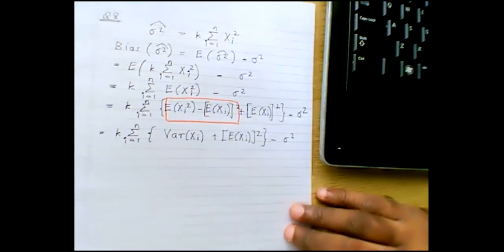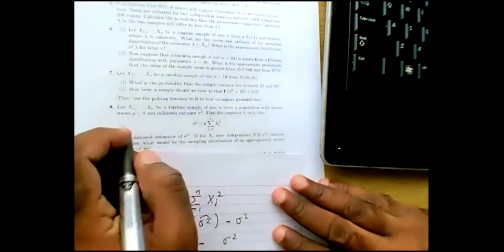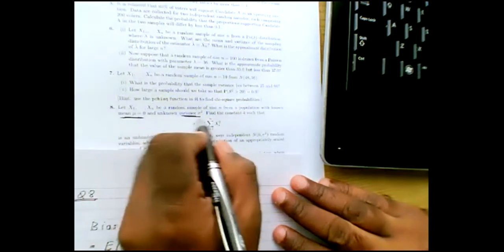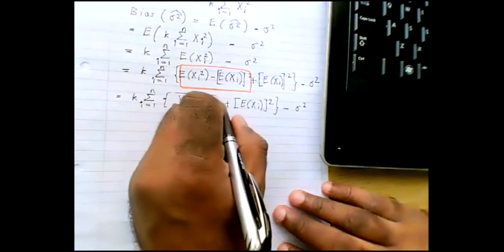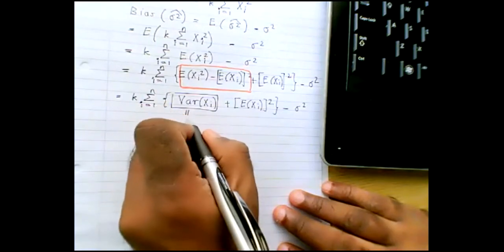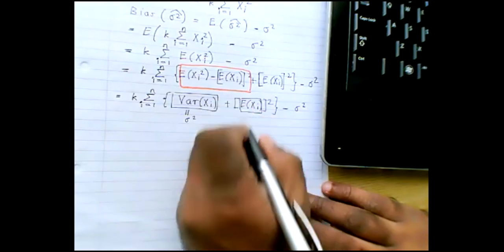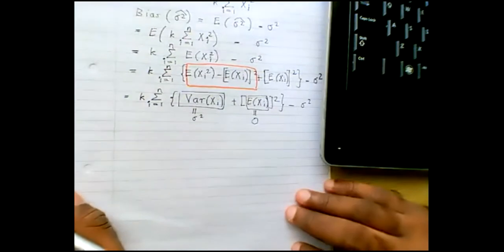Right, now you should go back to the question. Let's go back to question 8. It says that the mean is 0 and the variance is sigma squared, right? All right, so what I'm saying is that this guy here is equal to sigma squared. And this guy, this is the mean, is equal to 0, right?